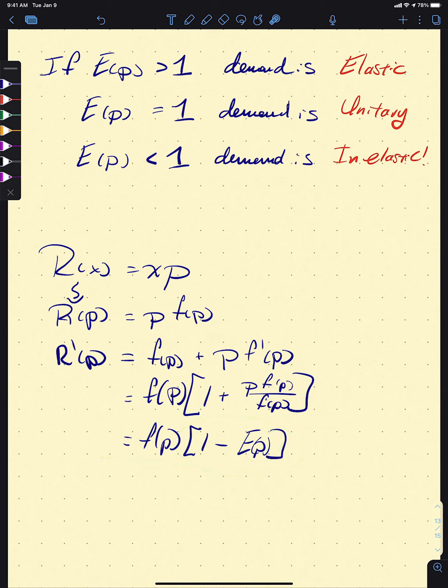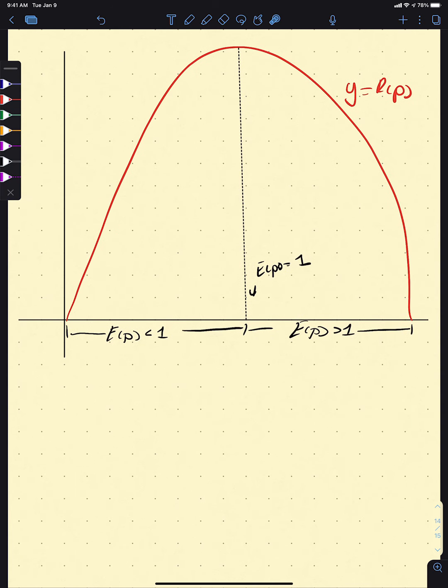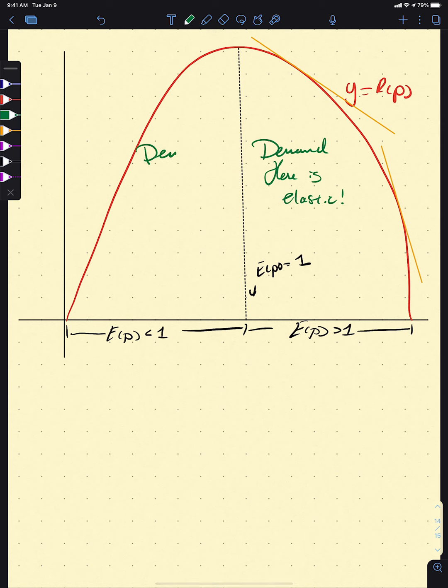So the rate of change is negative when my demand is elastic, which makes sense. All of these tangent lines are going to have negative slope. So demand here is elastic. Similarly, demand here is inelastic.